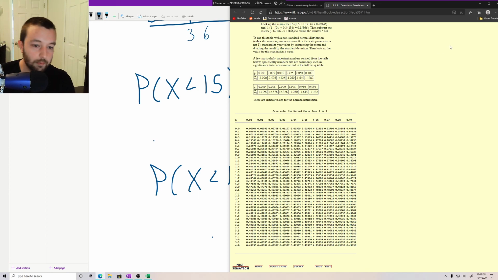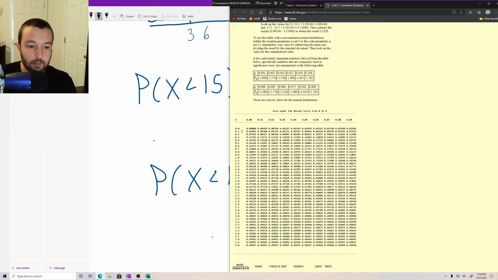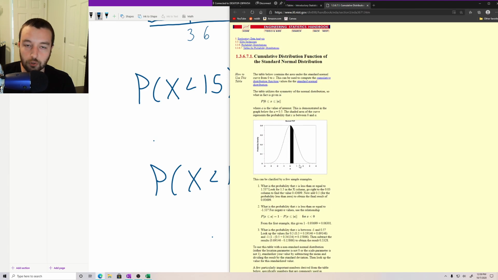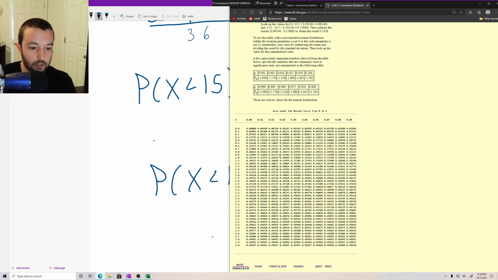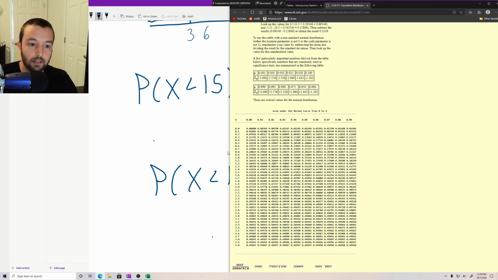And there's different types of the tables. This one gives the area under the normal curve from 0 to your value. So 0 is the mean because we're always going to be using the standard normal distribution. We have to standardize everything first. So this table gives the value from 0 to some value. So for example, if we wanted 1, this number in the leftmost column is the value you're looking for to 1 decimal place, and this is the second decimal place on the upper column.